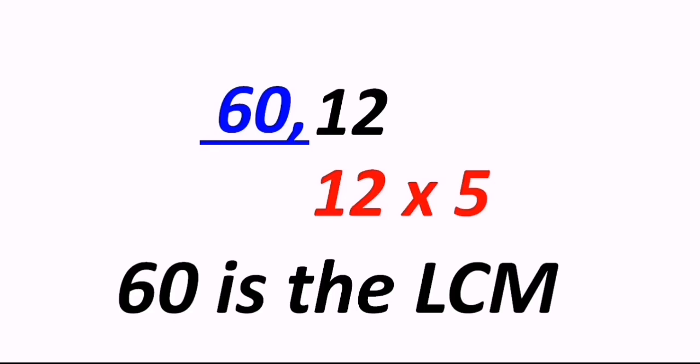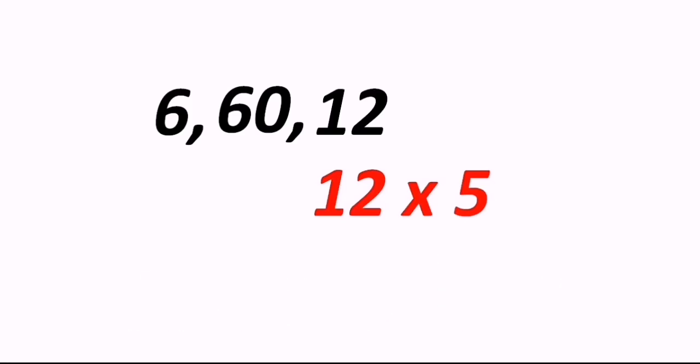Keep it in mind. What happens if a third number is also added to the list? Once we add the third number, the smallest number becomes 6, and now the biggest number in the list, which is 60 presently, correct? That 60 should be there in the table of 6 also and the table of 12 also.